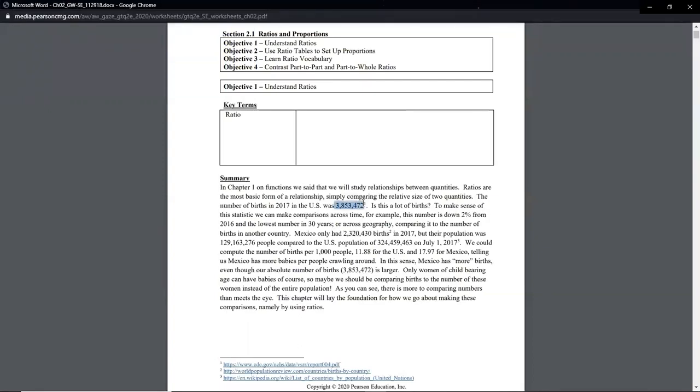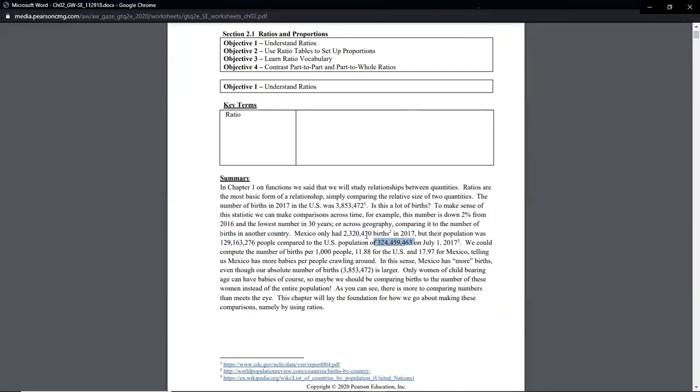So we had 3.8 million births, but what was the population that year? Mexico had 2.3 million births, but what was the population that year? What is this growth, these births, in comparison to the original population? So Mexico had a population of 129 million people, whereas the US had a population of 324 million people.